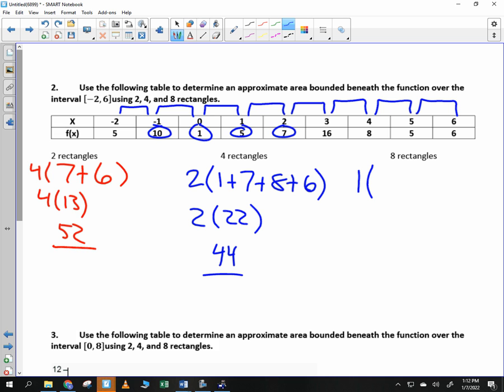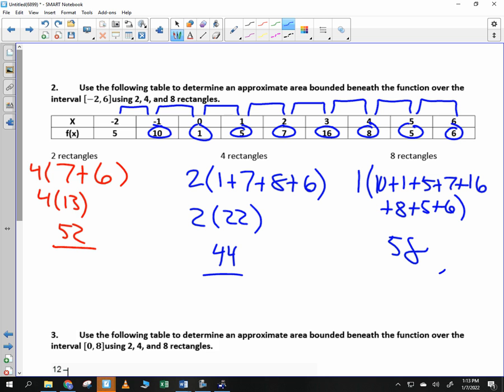So I'm going to use those values, right? I use everything on the right-hand side. So 10 plus 1 plus 5, 7, 16, 8, 5, and 6. So 11 plus 12 is 23, 33, 39. 39 plus 13 is 52. 52 plus 6 is 58. Anybody confirm? Cool.